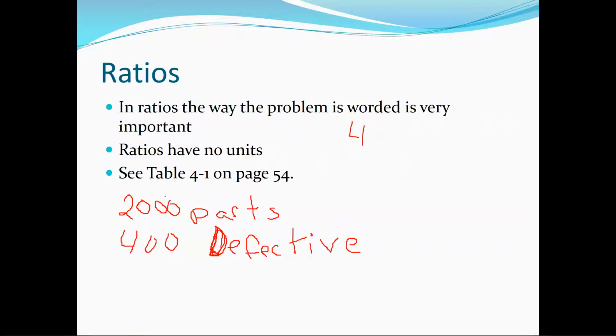So we start off with 400 over 2,000, but I'll just start at 4 over 20 and drop some zeros off this. Reduce that further, and you get what? You get 1/5, right? So it is 20%.